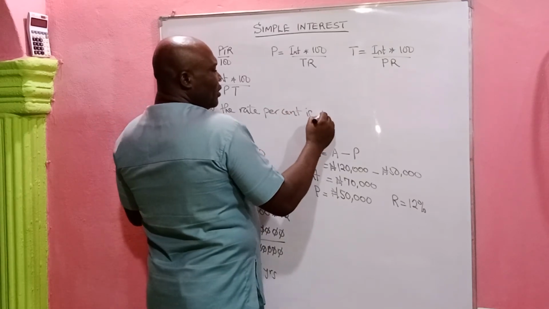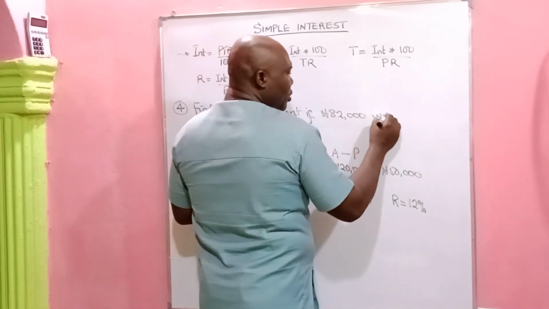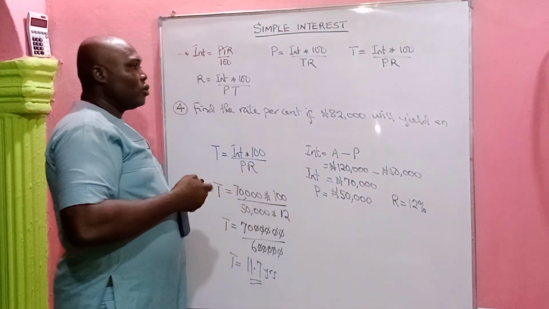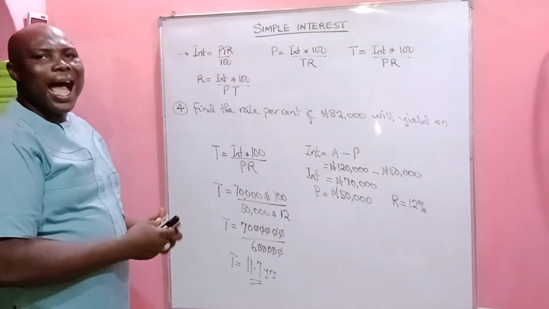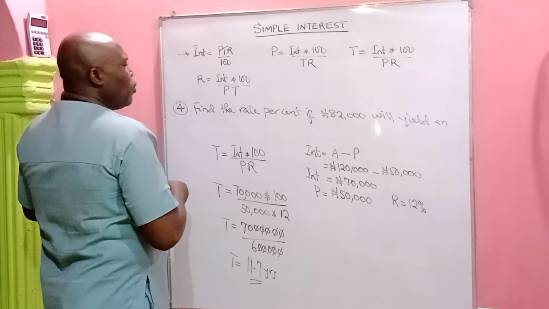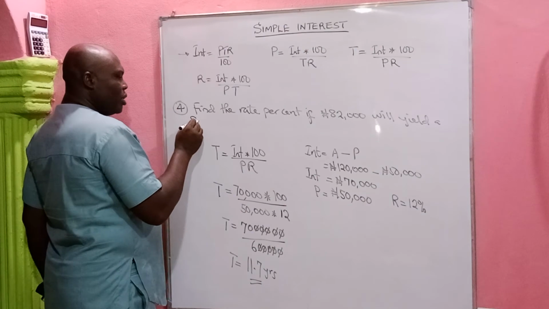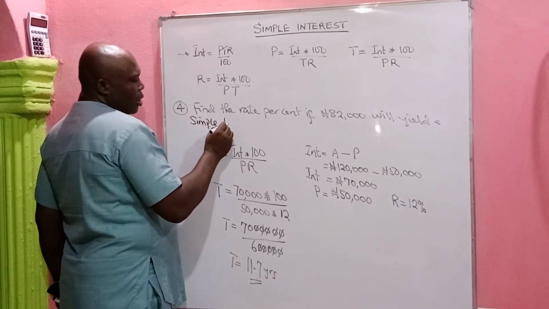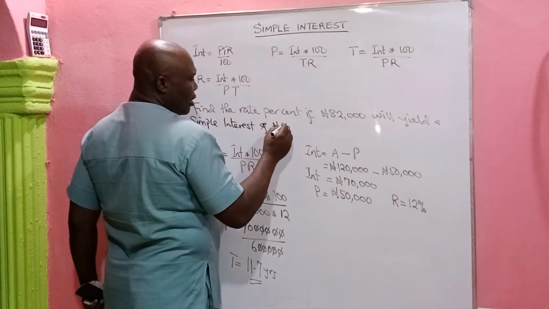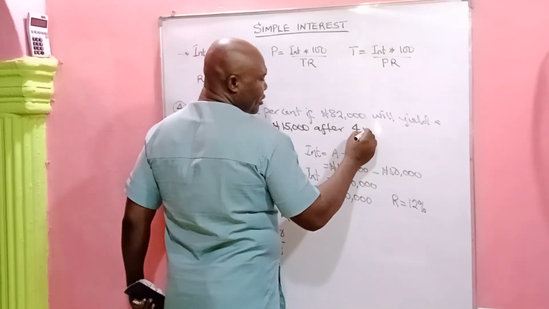if, let's say, 82,000 naira will yield a simple interest of, let's say, 15,000 naira after 4 years.